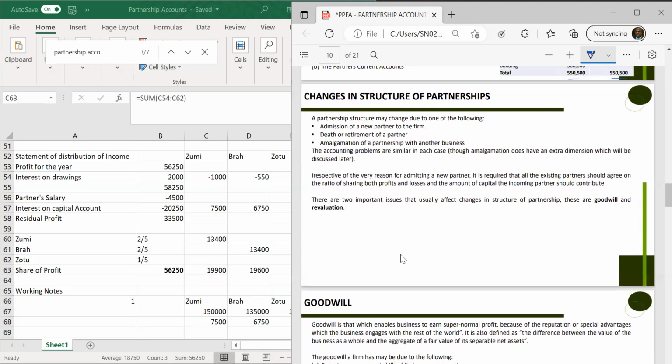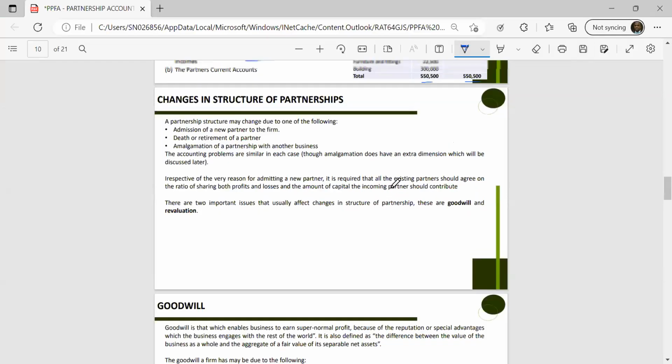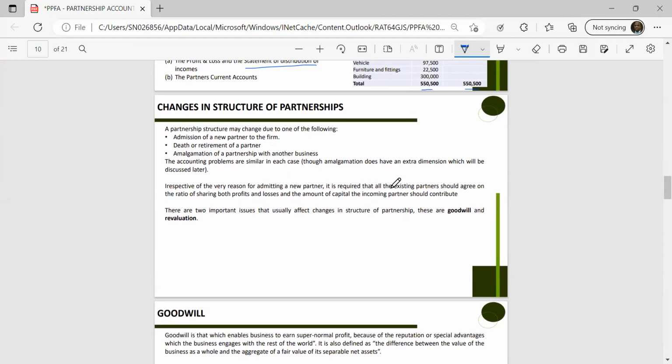So we have looked at partnership accounts in the normal ordinary course of business, like if there were no changes. But we also know that in a partnership, you can start with two partners, and later down the line, you feel the need to bring in a new partner or to change the structure of the partnership.